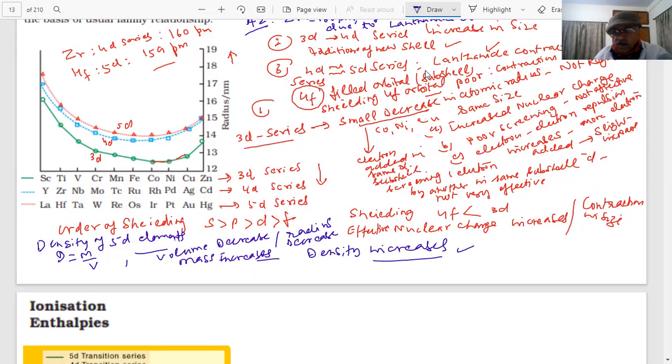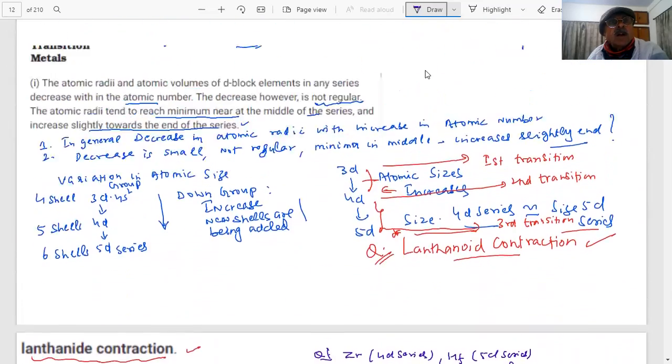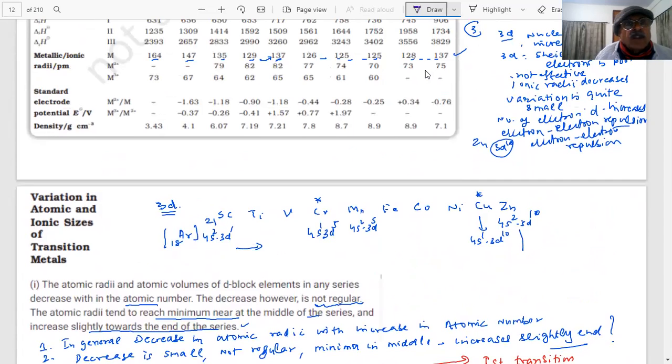For example, let me see the table. Density, what is the density value? In the 3d series, the density given in gram per centimeter cube is 3.43, 4.16, increasing. The density increases because density depends on mass per unit volume.